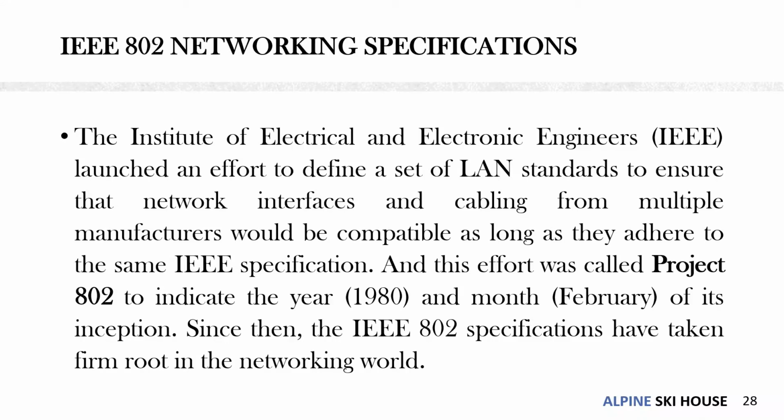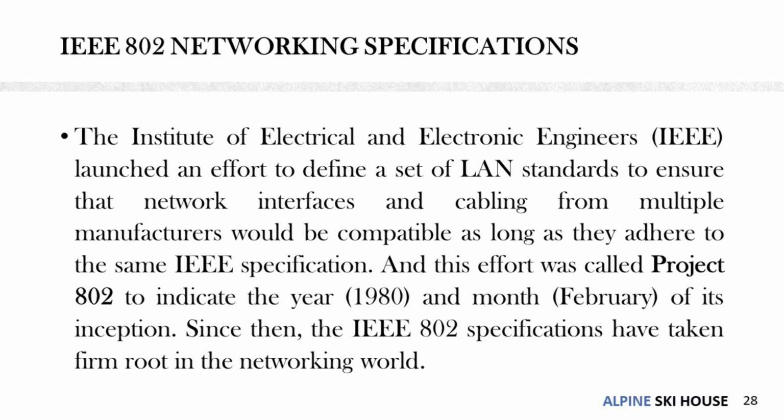The Institute of Electrical and Electronics Engineers, or IEEE, launched an effort to define a set of LAN standards to ensure that network interfaces and cabling from multiple manufacturers would be compatible as long as they adhere to the same IEEE specifications. This effort was called Project 802 to indicate the year 1980 and month February of its inception.